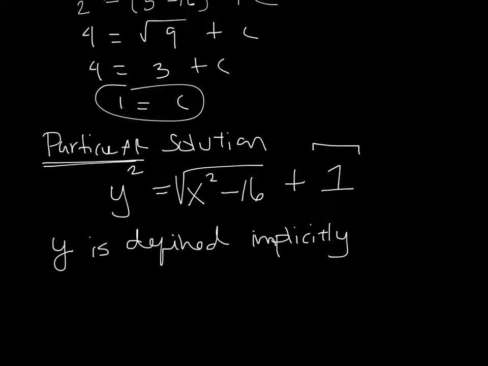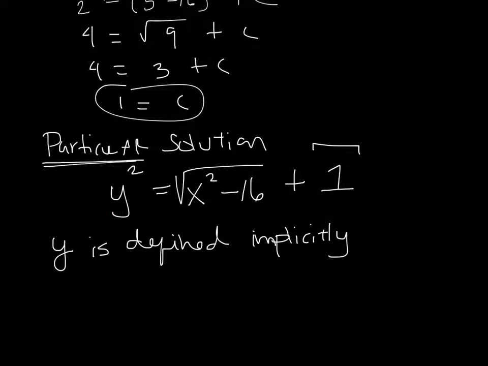Okay, so notice that the question asked us to find explicit particular solutions of the initial value problem, and we found a solution. Y is defined implicitly, but they wanted an explicit particular solution. This is fine because y is defined implicitly.